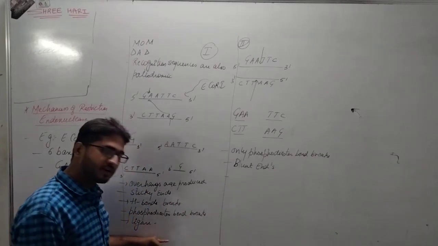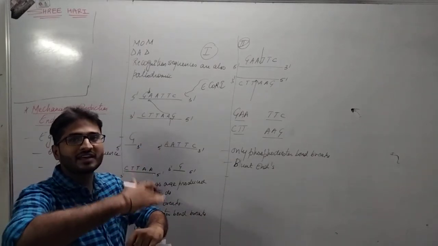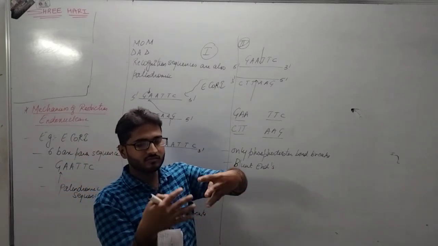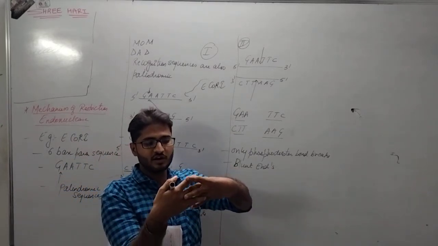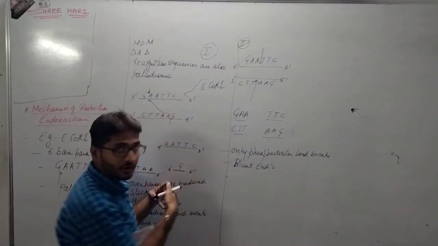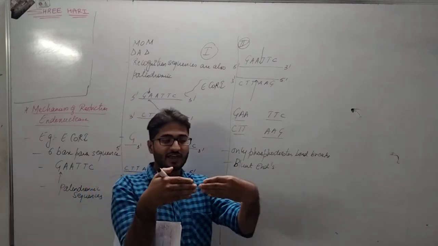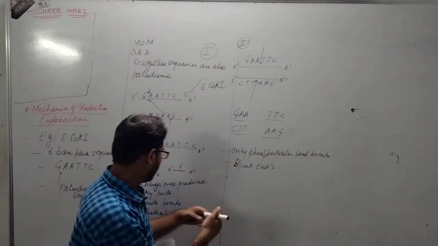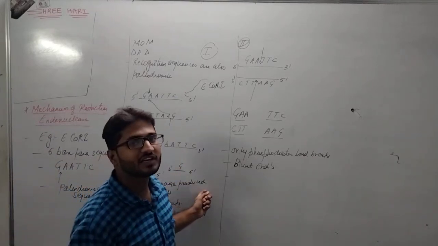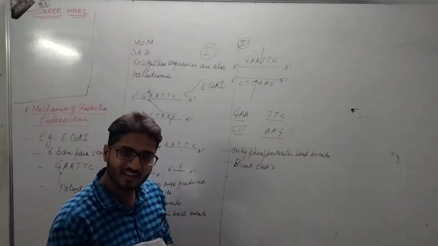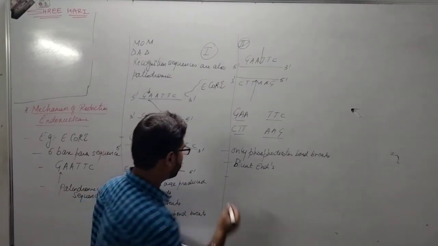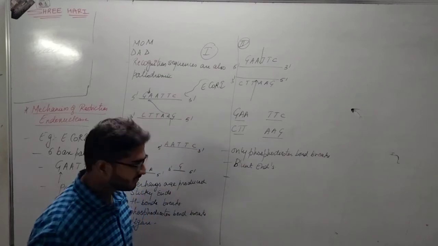Sticky ends are generally preferable because they are overhanging structures, and interlocking structures are observed with sticky ends, while blunt ends are flat. The most preferable one is mechanism number 1, where sticky ends are developed. Blunt end DNA is also used in recombinant technology, but then the mechanism becomes tedious.